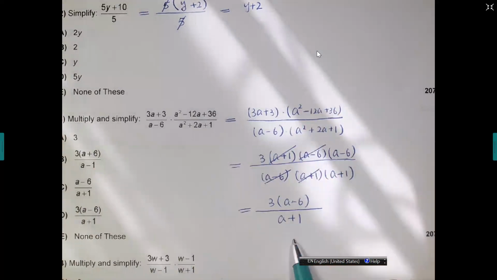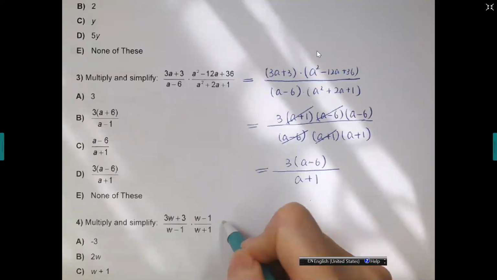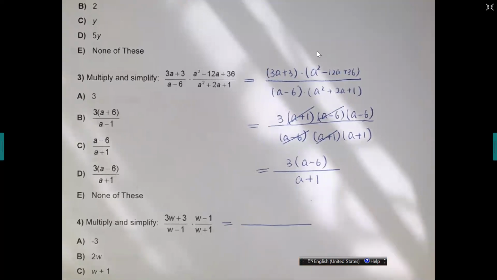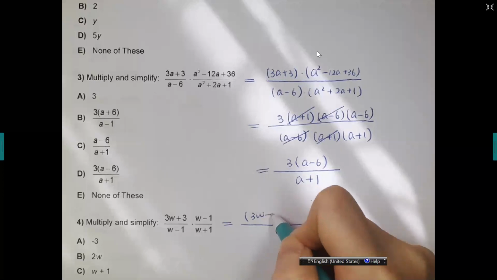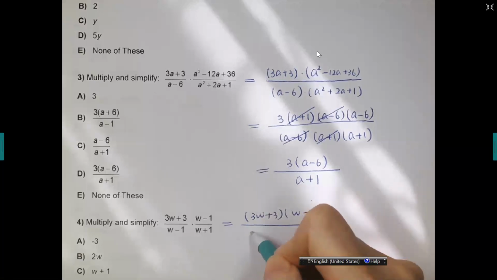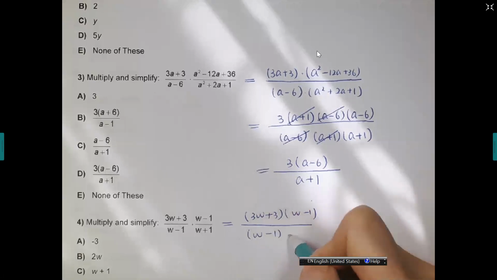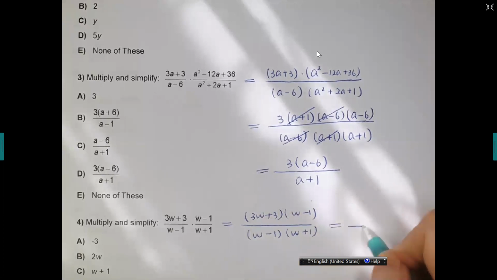Okay, so this is a multiplication problem. One more. Same thing. When we have the multiplication, always draw a long bar. Put the two numerators together, 3w plus 3 times w minus 1. What is on the bottom? w minus 1 times w plus 1. Then what do we do? Check each parenthesis.